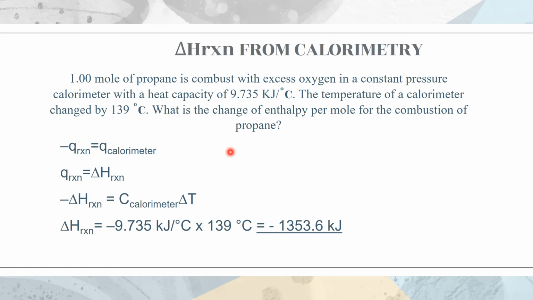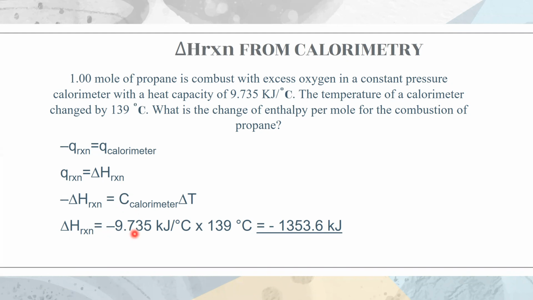And so we'll just use this equation where our delta H of reaction will be equal to our C calorimeter times our delta T. And because we are combusting, we'll have to switch our negative sign and move it around here, and then we'll just plug in our numbers.